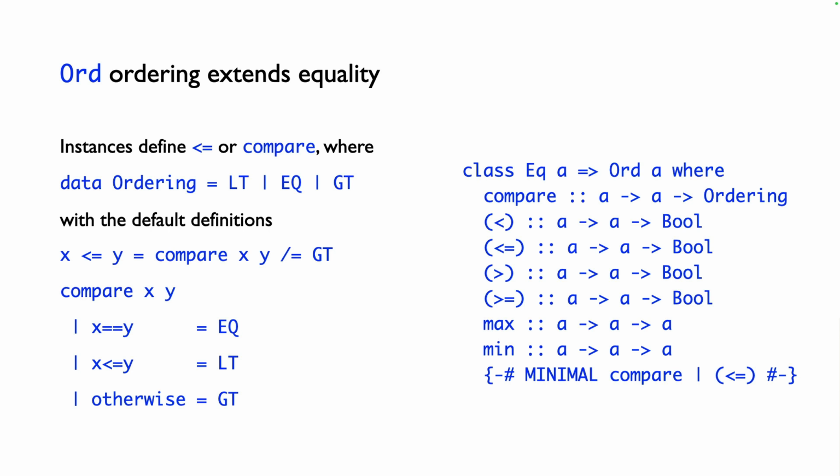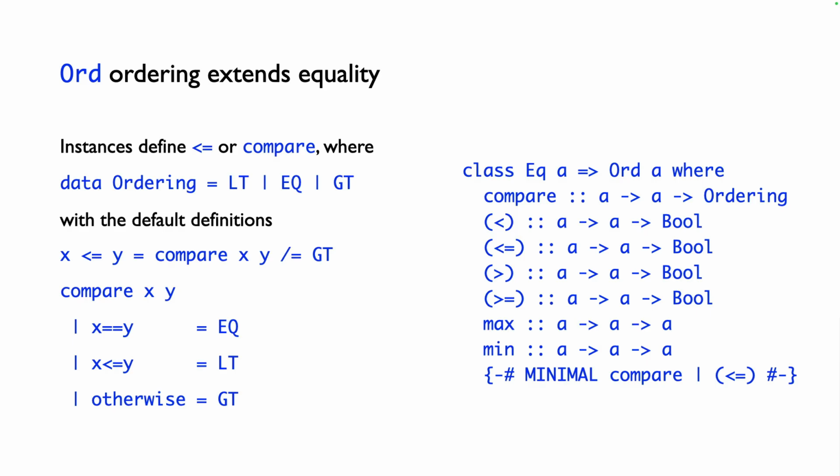And we can see on the left hand side a definition of how compare works. It returns one of the three values LT, EQ, or GT according to how the first and the second arguments of compare compare. So that gives us the three possible outcomes in a single function call.